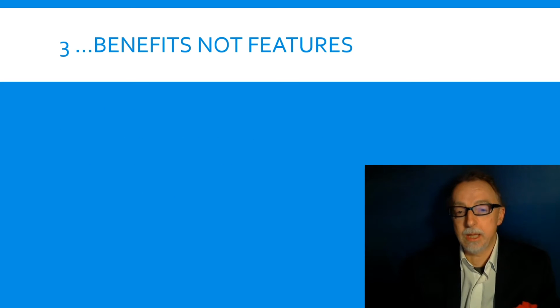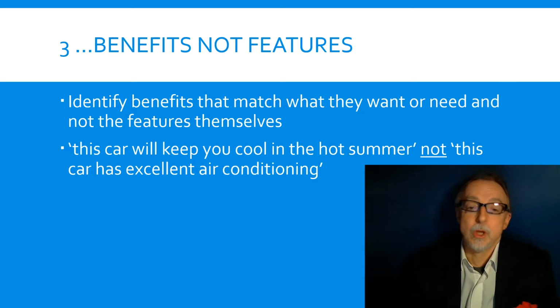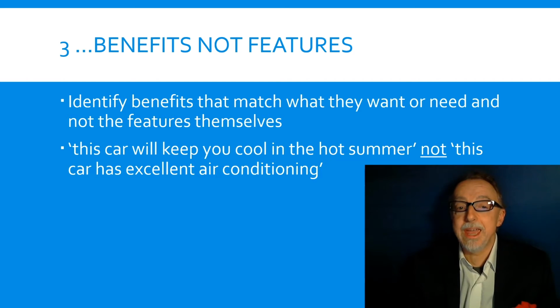So, step 3 is to sell, therefore, benefits and not features. In other words, you identify the benefits that match what the customer wants or needs, and not the features themselves. So this car will keep you cool in the hot summer, not this car has excellent air conditioning.